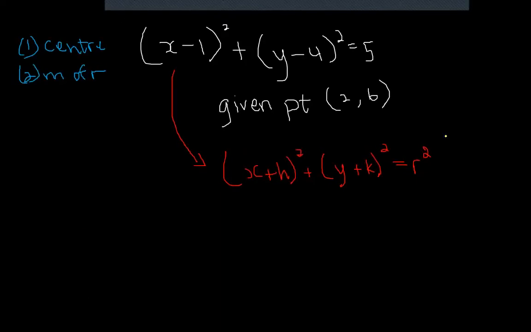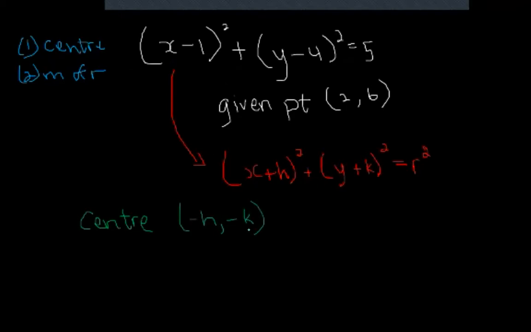By looking at this standard form and then at the equation that they gave us, we could identify what the value of h is and what the value of k is. For newer people, you might be wondering why we need to do that. Because the center has the coordinates minus h and minus k. So what does that mean? What we're trying to do now is find what minus h is, and what minus k is, right?